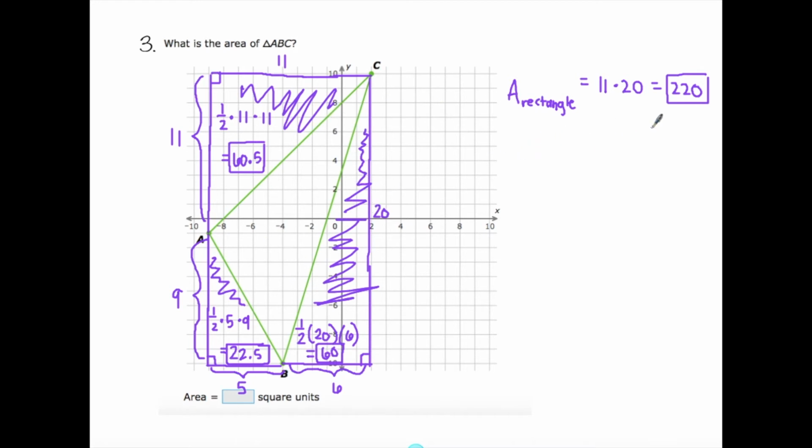So 220 minus our first triangle was 60.5, our second triangle was 22.5, our third triangle 60. That's 77 square units. That's our area of triangle ABC.